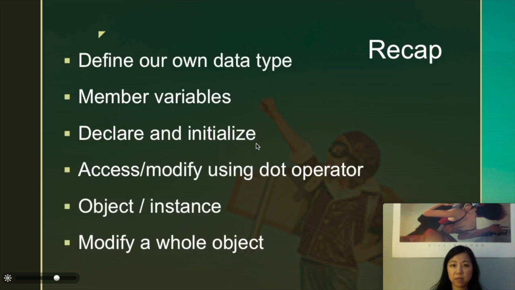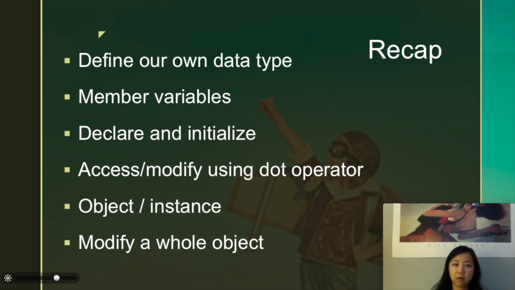I believe, so to recap, this is a way, or the object-oriented way, to create our own data type. This is the first example of it. We talked about member variables for the struct.